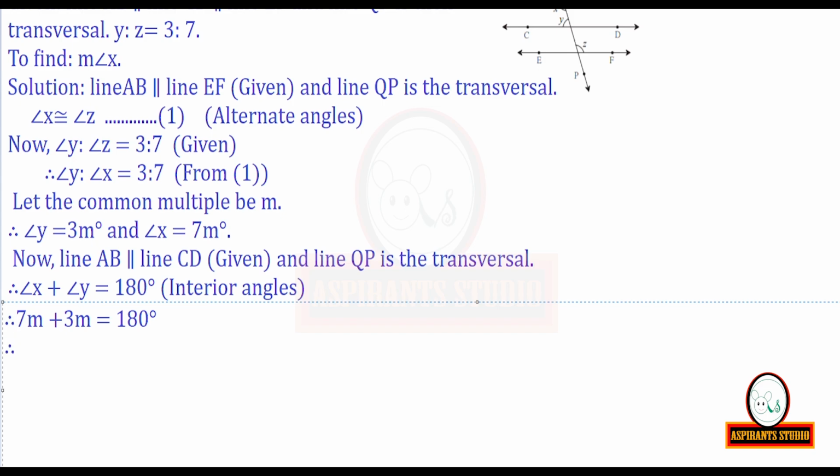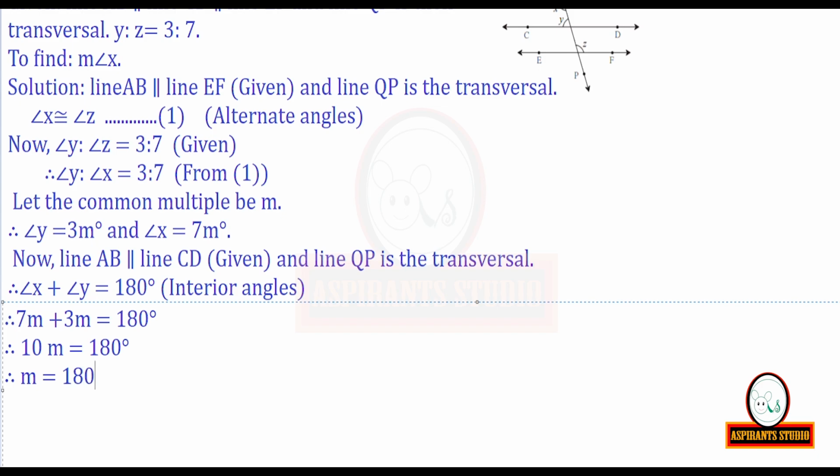Keeping m this side, take the 10 to the other side of the equal to sign. So, multiplication becomes division when it is taken to the other side of the equal to sign. So, the value of m will be 180 degrees upon 10. So, m will become 18.